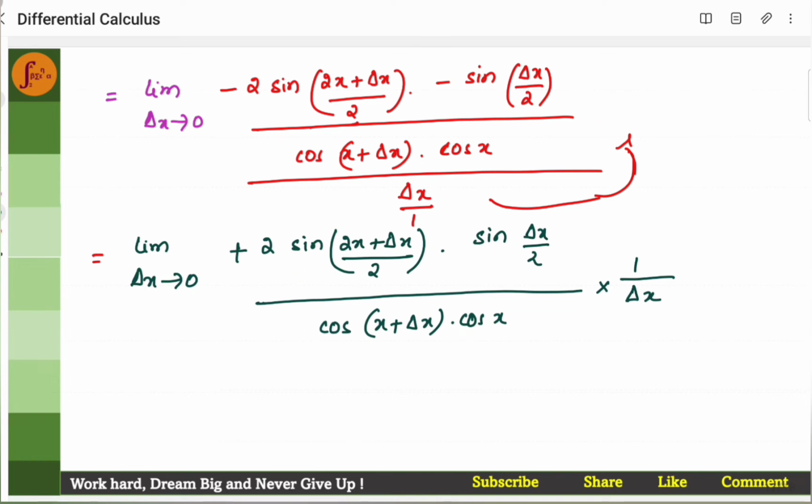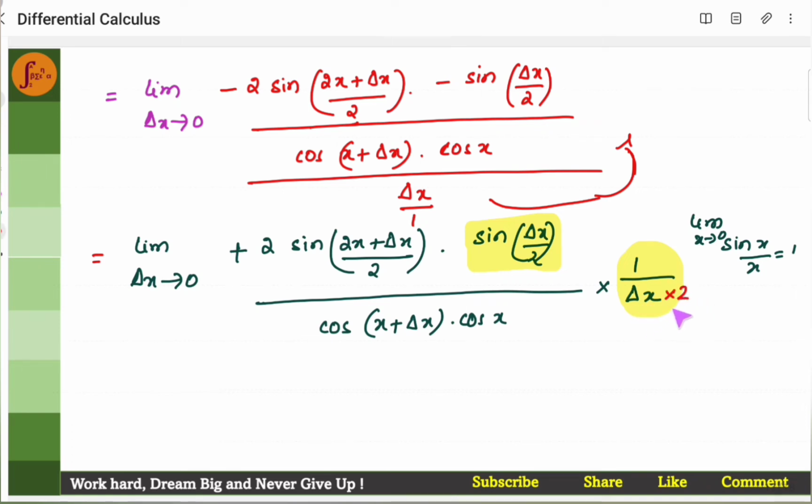Now, if you notice this portion and this portion, I can use the limits theorem, right? What does it say? Limit x tending to 0, sine x by x is equal to 1, if I apply the limit. But here I have delta x by 2 and here I have only delta x. So I'll multiply and divide by 2.